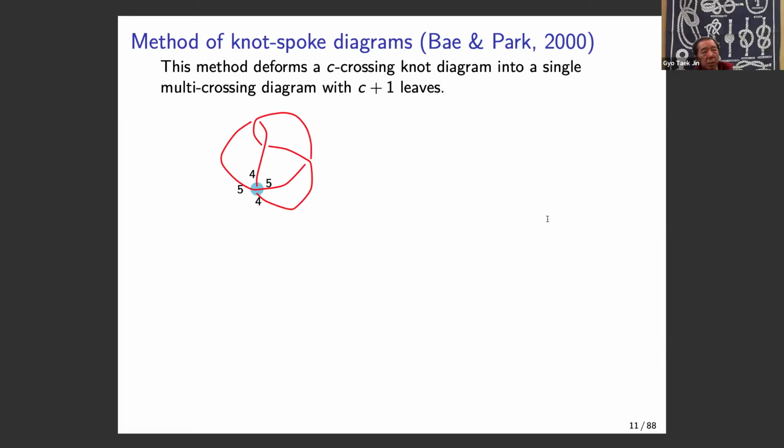Here's an example. So here you have a figure 8 knot, and then we start from any crossing, as marked, and we give height 5 for the overcrossing strand and 4 for the undercrossing strand.